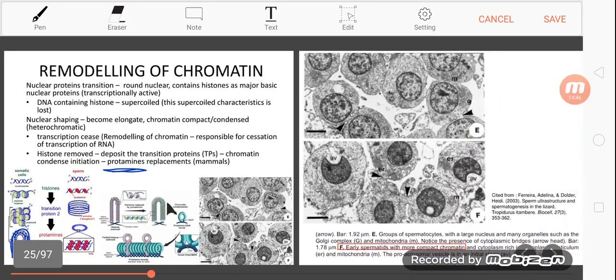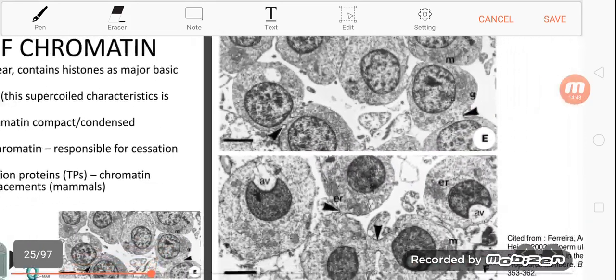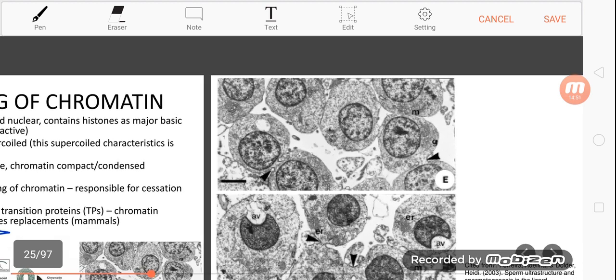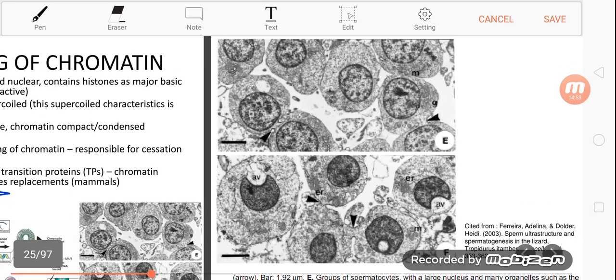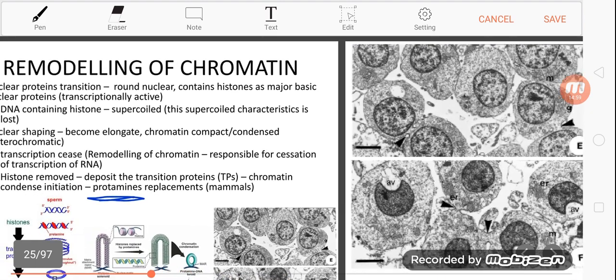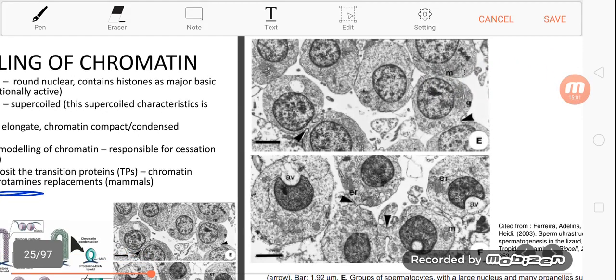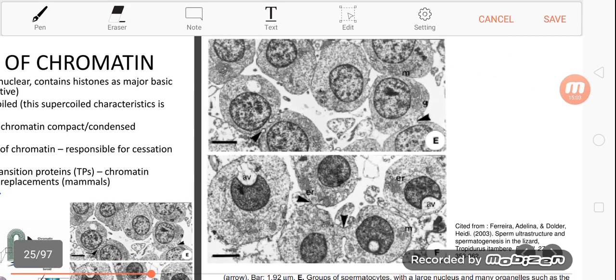Okay, this slide here is just to show you the comparison between condensed DNA, which is encoded by histone protein, versus heterochromatic DNA. So you can see the more blackish color.